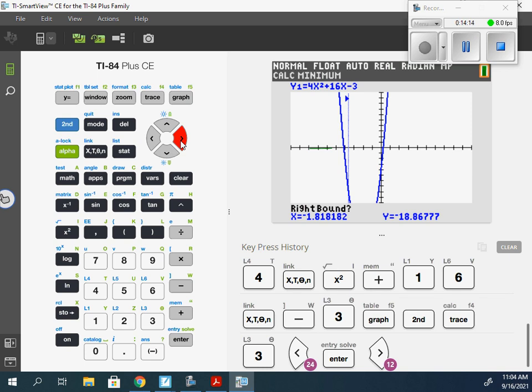Did the y value just go back up a little bit? Yeah. 18.5, 18.17. So really at this point I passed the minimum point because the values are going back up. So I could hit enter at this point because I don't have to wait for it to come back up into the screen. But once I notice that it's stopped, it's actually past that point, we can go on and hit enter.